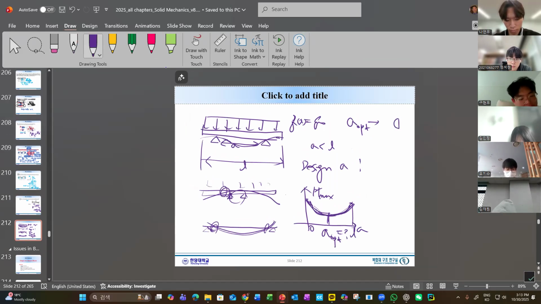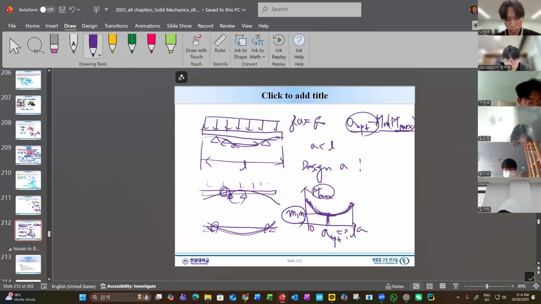The maximum moment can be minimized at A optimal. This is the point. This maximum can be minimized.